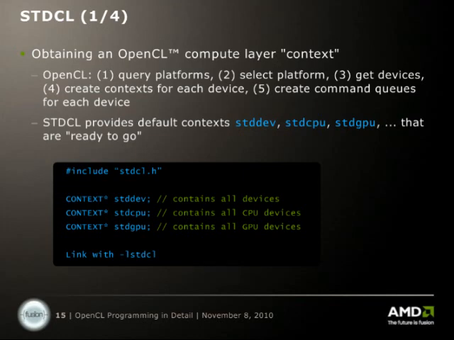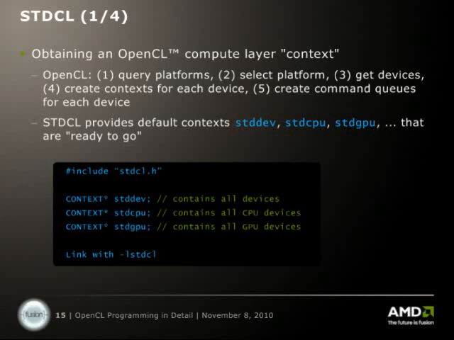So just to introduce some of these simplified API calls that we're going to use, first of all, it's obtaining a compute layer context in OpenCL. With OpenCL, you would have to query the platforms that are available. You would select a platform. You would then have to get all of the devices available for that platform. You would create a context for each device, and then you would create command queues for each device.